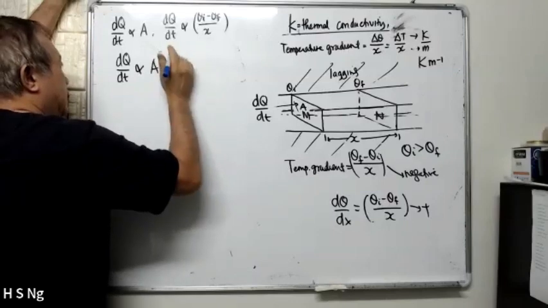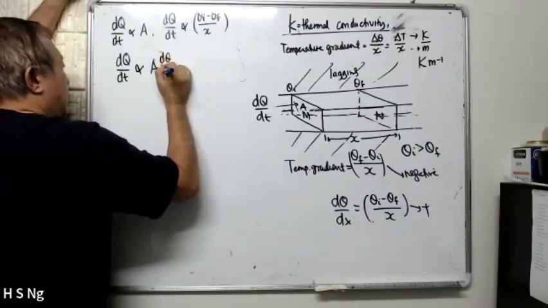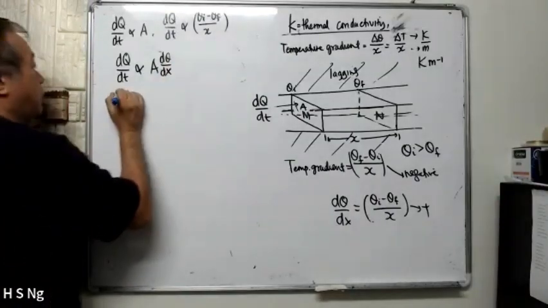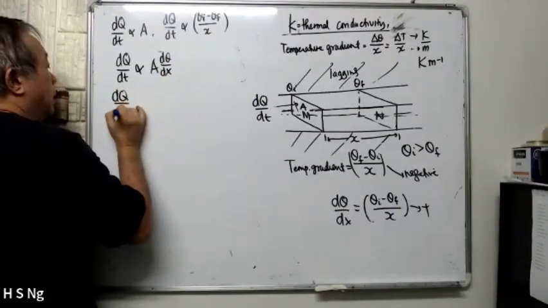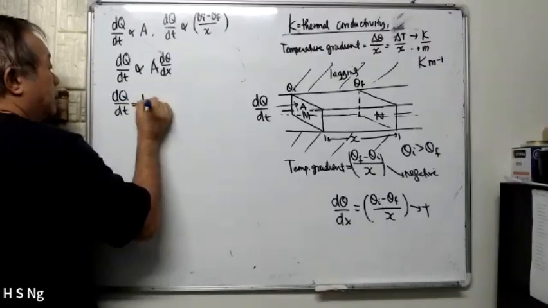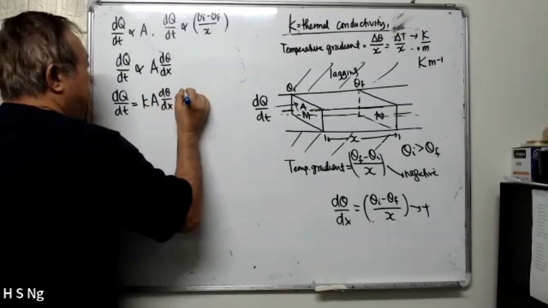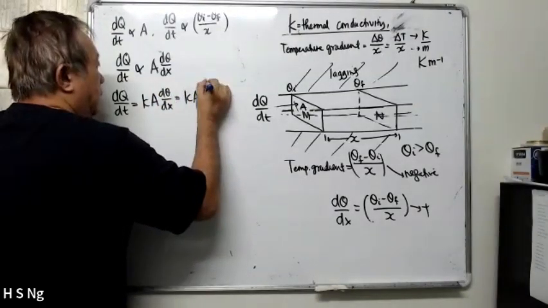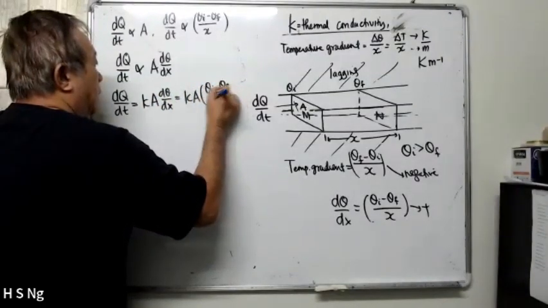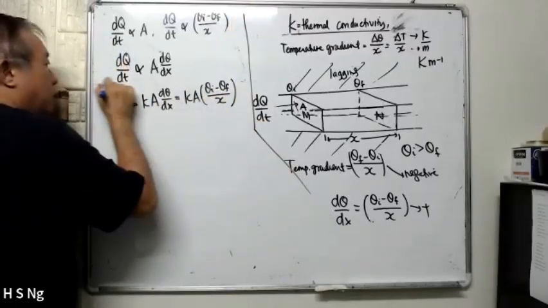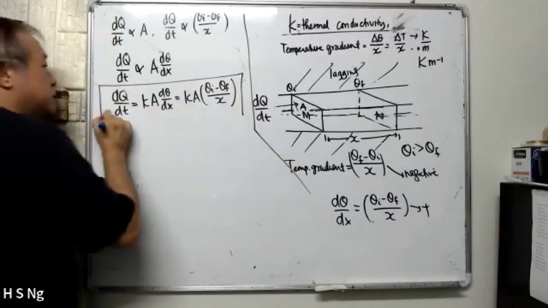I write it like that. If you want to form an equation, you add a K. So the total will be like that. Now this is the only equation you need to know for this section.